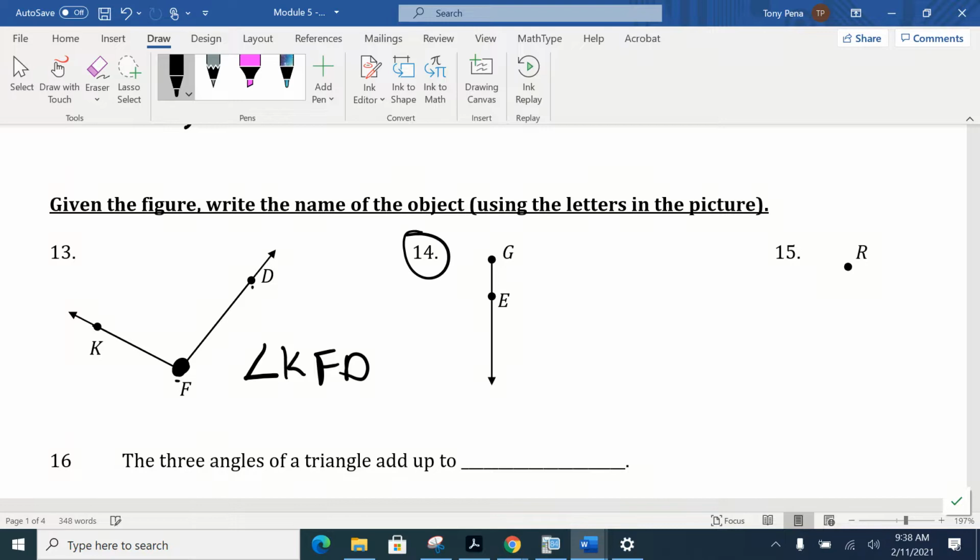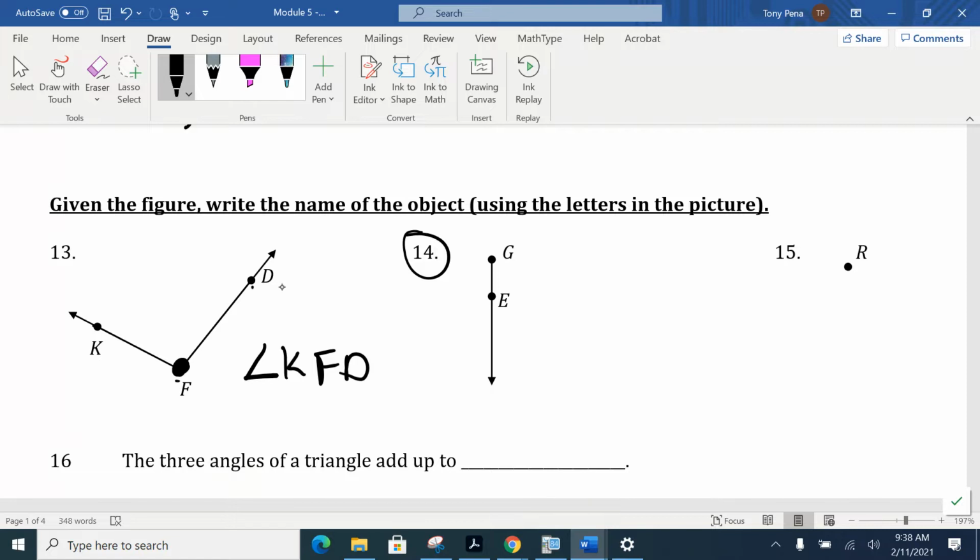14. Write down what you think 14 is. All right. If you look up at number 3 at the top of the paper, notice how on number 3 you have one endpoint, one that goes on forever.